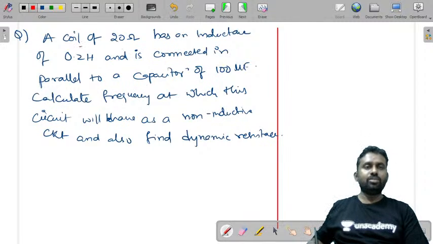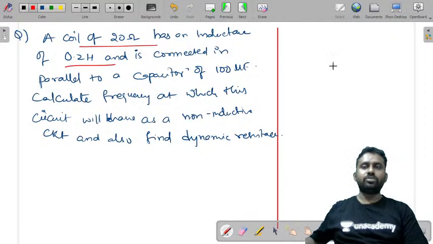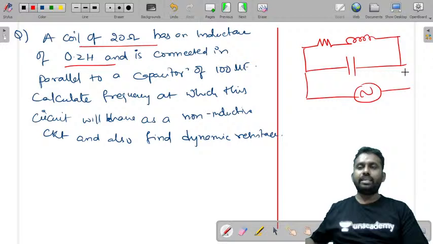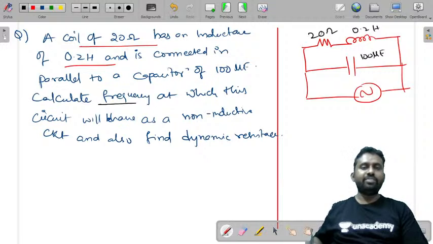The coil has a resistance and an inductance, which is connected in parallel to a capacitor. This is a parallel resonant circuit. The resistance is 20 ohms, inductance is 0.2 Henry, and capacitance is 100 microfarad. We are asked to find the frequency at which the circuit will behave as non-inductive.